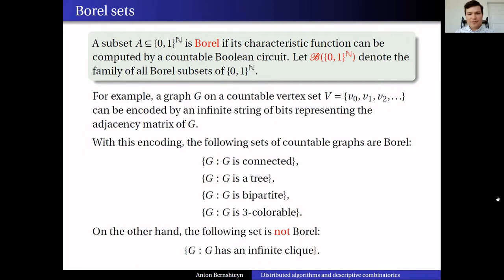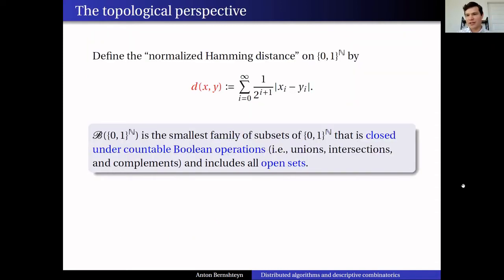Okay, so there is a way of thinking about Borel sets that's more general than this. So far I've described Borel sets in terms of the specific computational procedure. There is a more robust way of defining them that isn't connected to a specific model of computation. And in order to explain this, I need to put a metric on the space of all infinite bit strings. So I'm going to say that the distance between x and y is, well, what I want to do is take some sort of Hamming distance. I want to just see in how many positions x and y differ.